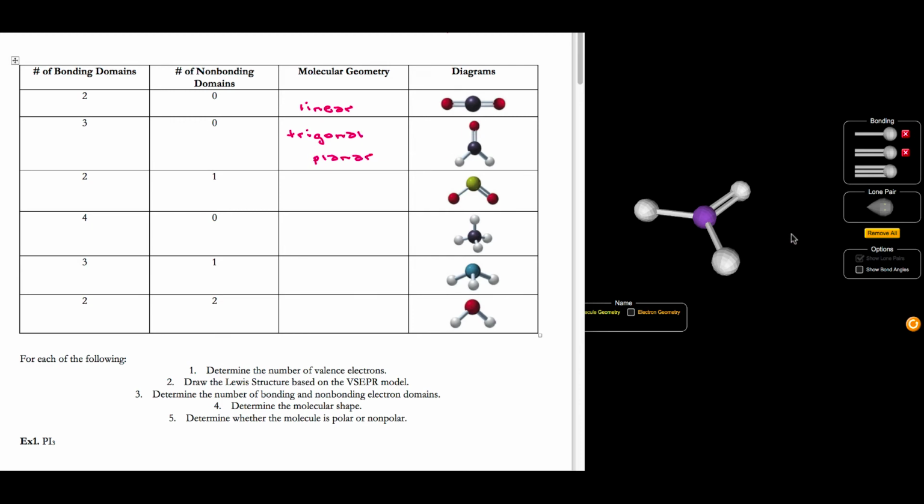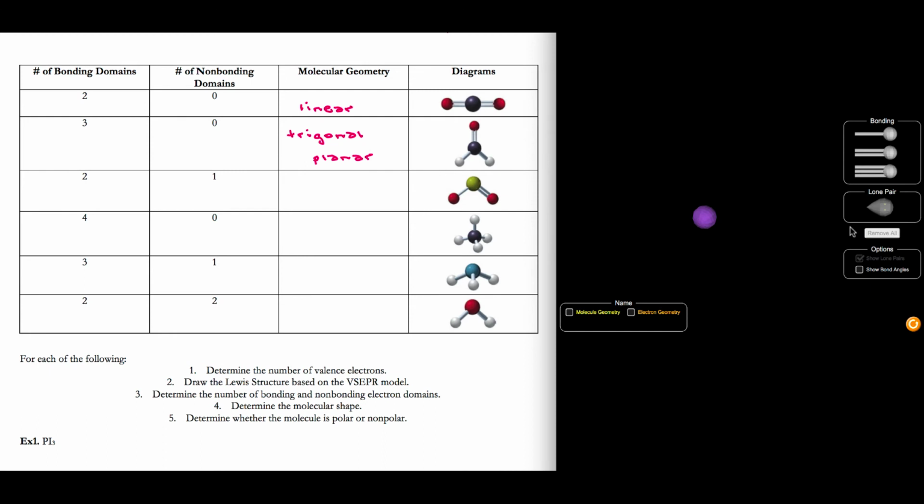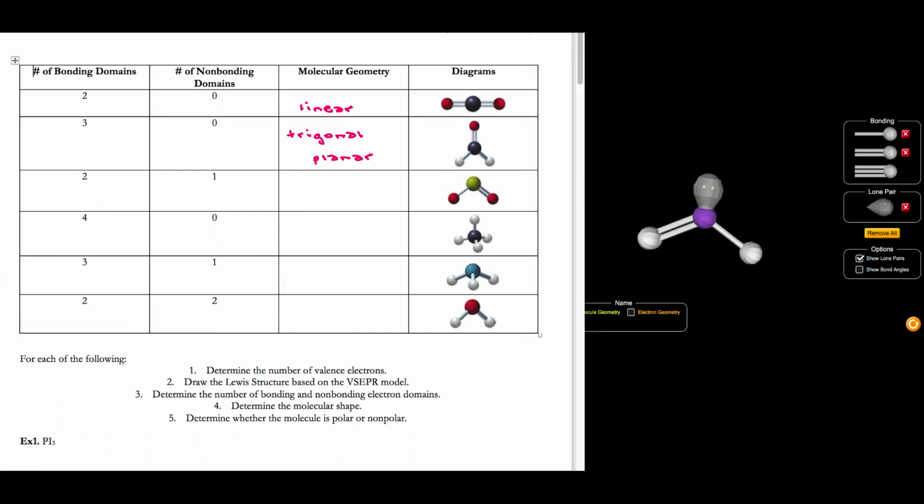Let's look at the next shape. All right, in this one I have 2 bonding domains, and I have 1 non-bonding domain, meaning I have 1 lone pair of electrons. If you look at this shape now, notice that it looks bent. And guess what? That's exactly what this molecular geometry is called, bent.